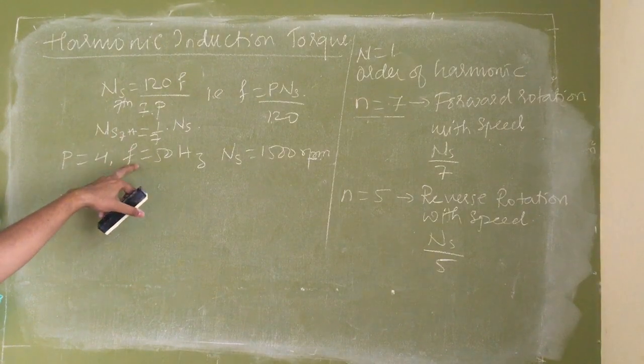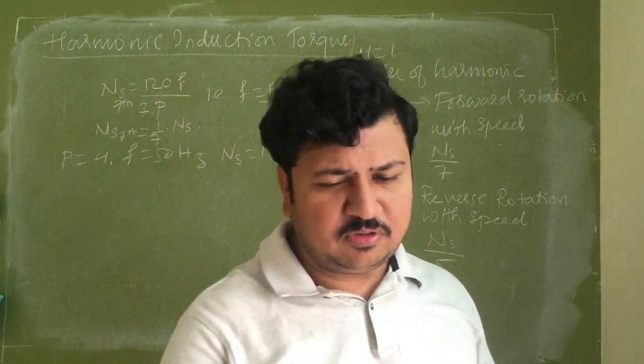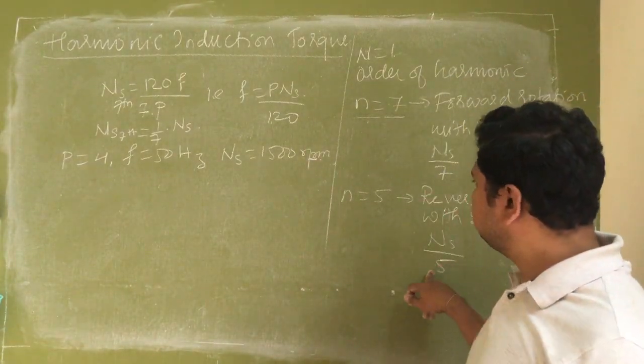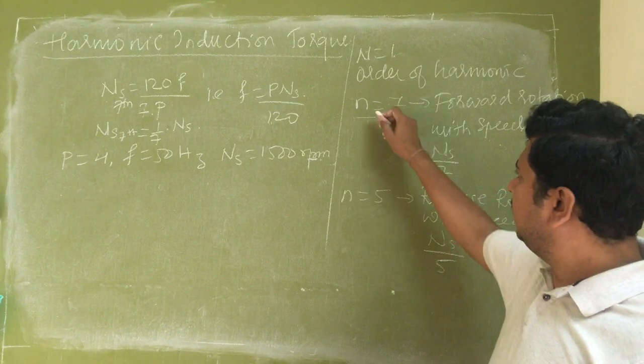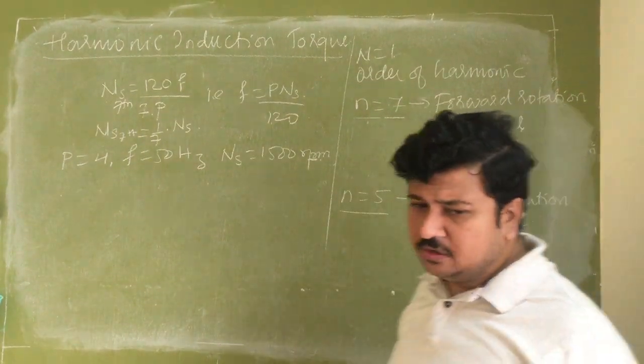Therefore the speed will reduce to 1/5 of the synchronous speed. So this is the speed at which the rotating magnetic fields of n equal to 7 and n equal to 5 will rotate.